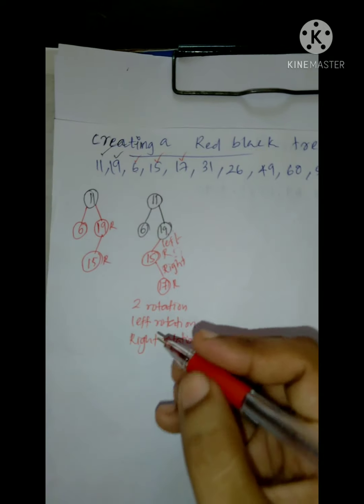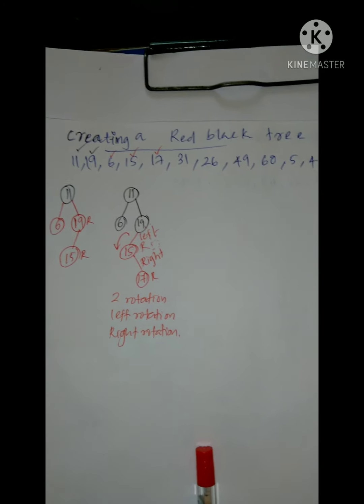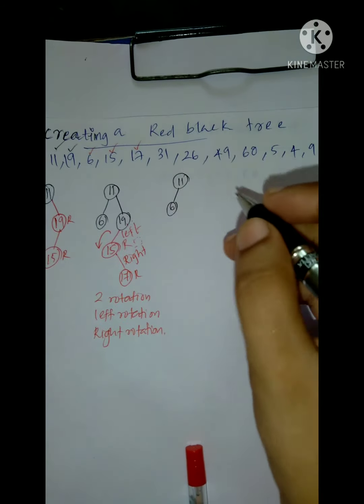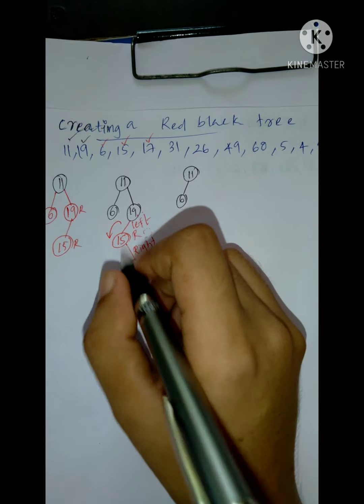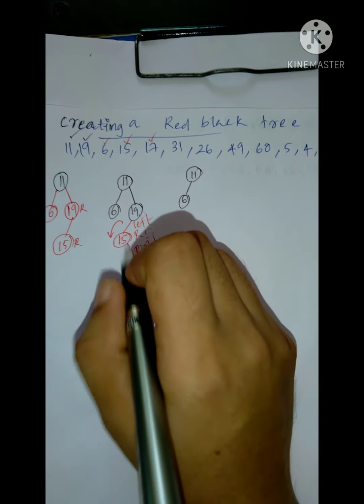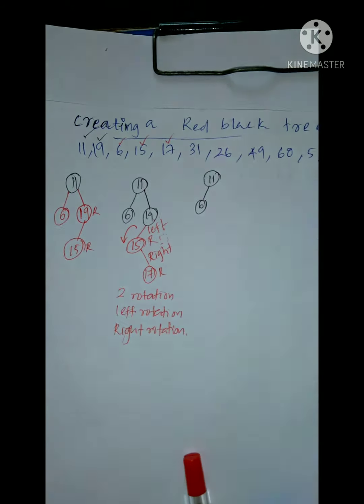Okay, left rotation means you can perform it here, on 11 and 6. Left rotation means the positions of 15 and 17 will change. That is the only change when we perform a left rotation.